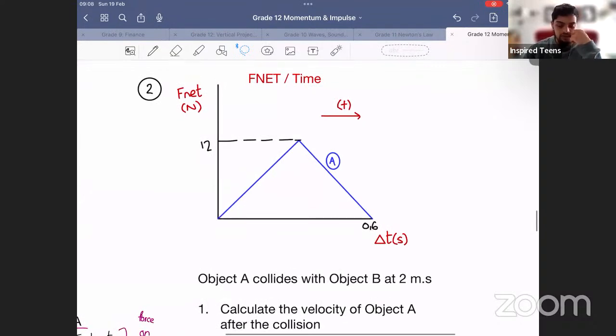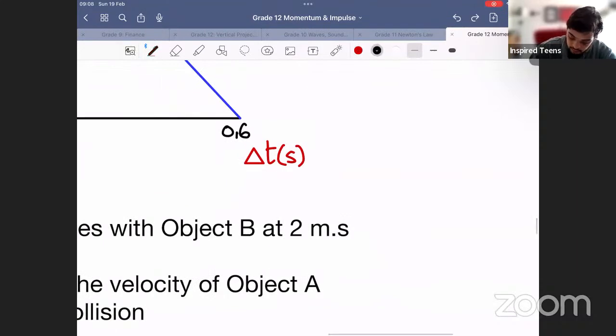So let's have a look at this graph. We have a net force versus time graph, and we can see that initially, whatever object this is, had a net force of 0. It went up to 12 and then it went back to 0. It says object A collides with object B at 2 meters per second to the -1.